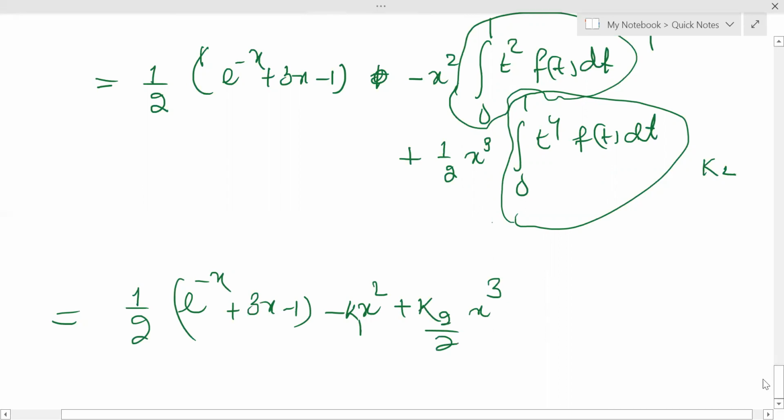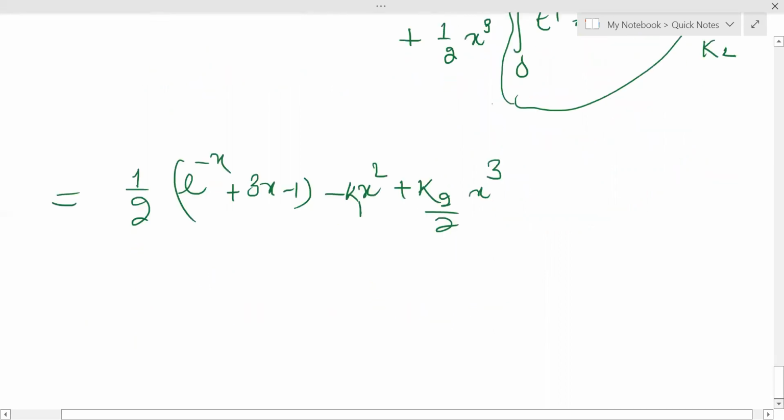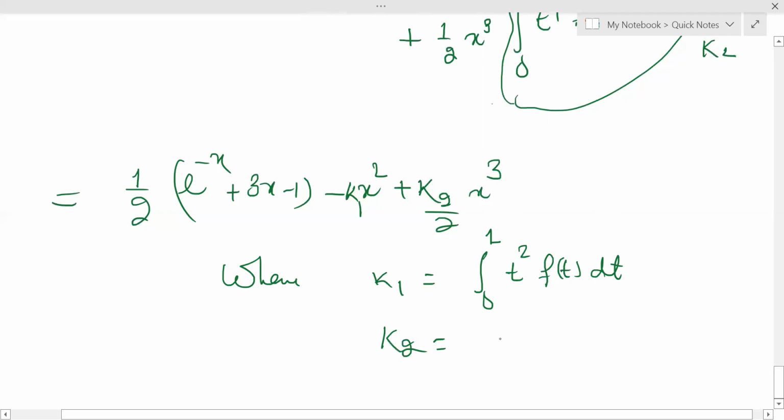Why you have to mention here: k1 is represented here 0 to 1 t square f(t) dt, and k2 is 0 to 1 t to the power 4 f(t) dt.